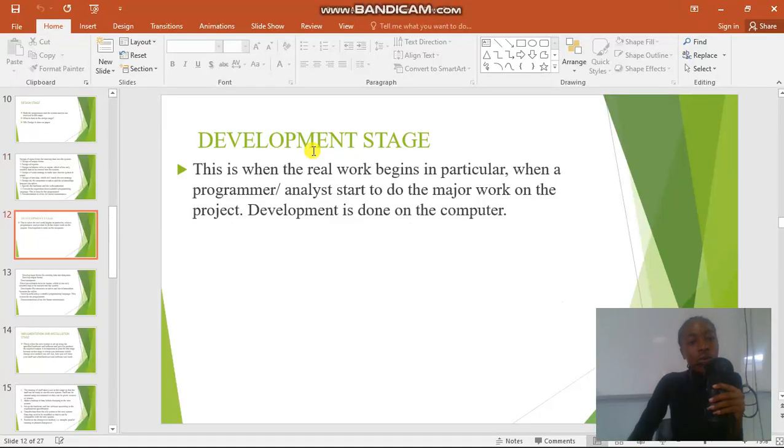And then let's continue with the development stage. This is when the real work begins, when a programmer or a system analyst starts to do the major work on the project. Development is done on a computer.